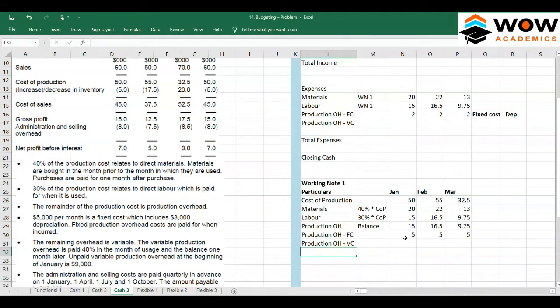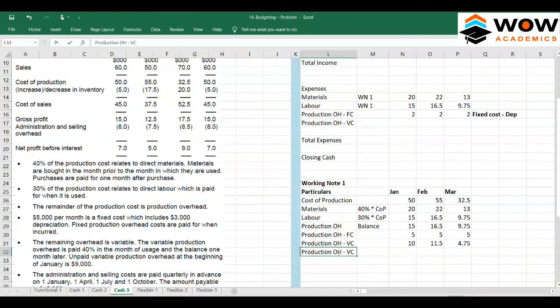The remaining is out of 15, 5 is fixed, so the balance is variable. So this is the production overhead which is variable. And what he tells is the variable production overhead is 40% paid in the month of usage, and the balance is paid in the later month. So we could divide this number like this.